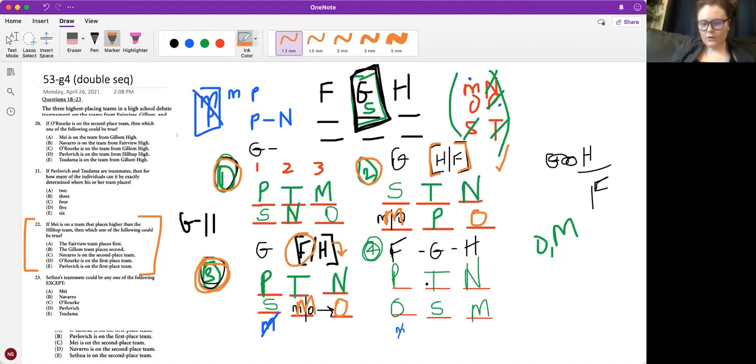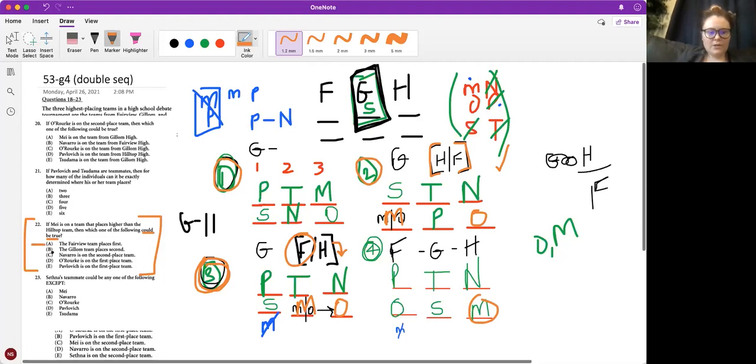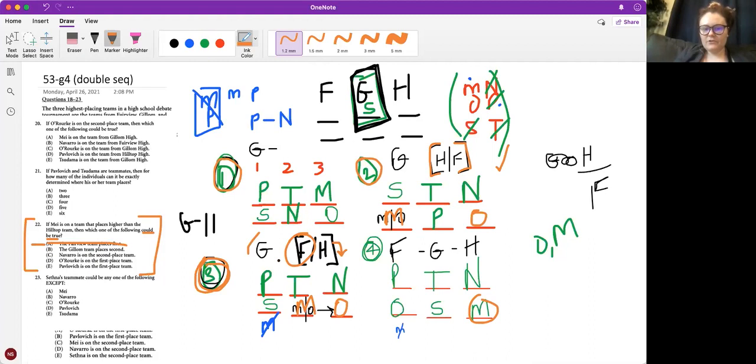And then in world 4, we have M last, so that's not going to work. So we're saying what could be true. Could F be the first place team? No. Could G be the second place team? No, because we have G in first place in both of these scenarios.